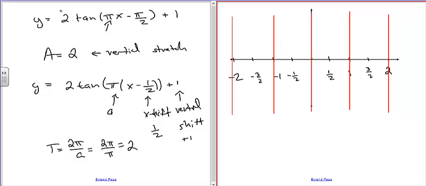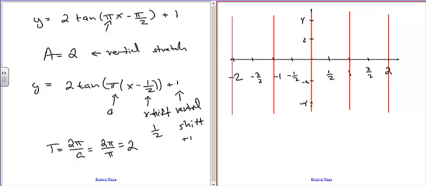This number is going to determine the stretch in the vertical direction. So normally we'd go like 2, 4, because this is 2, so I'm just doubling it, and that's probably okay. So if we put 2 marks here, this is 2, this is 4, this is negative 2, this is negative 4.